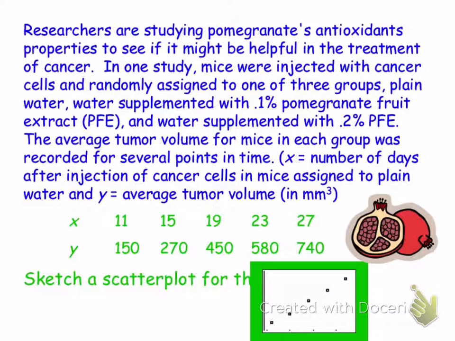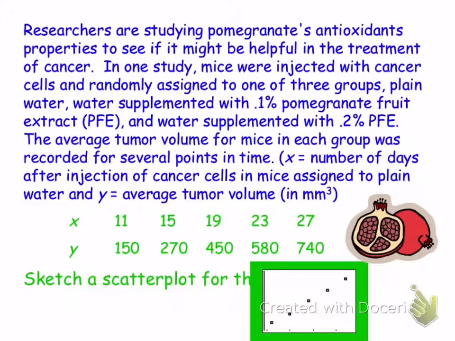So there's 3 groups. We have just plain water, and then we have water supplemented with 0.1% pomegranate and then 0.2% pomegranate. So they want to see, and when we get into experiments later on, this will be more relevant, but right now, they want to see if pomegranate extract has any effect on the growth or the size of tumors, either in a positive or negative direction.